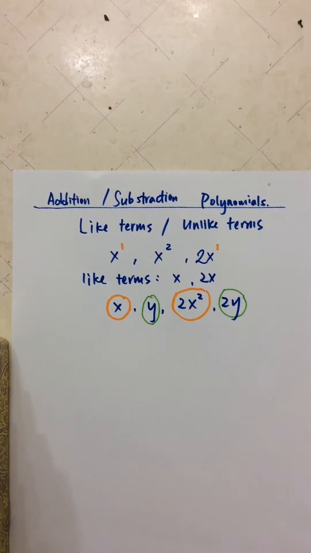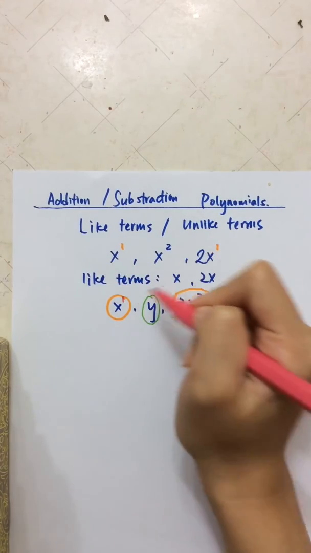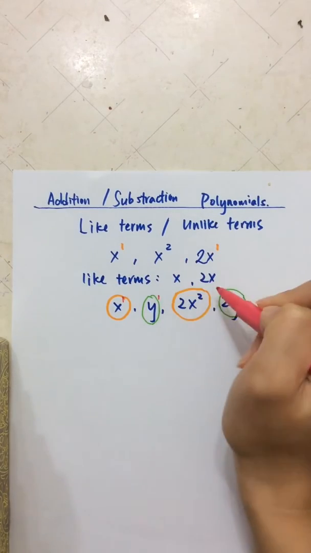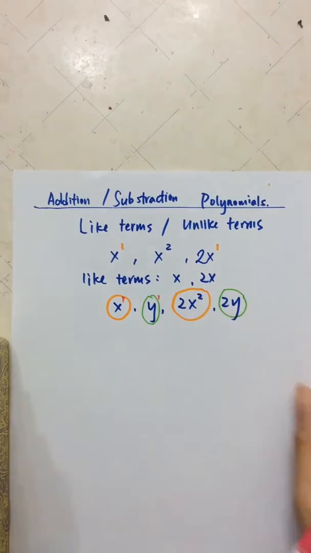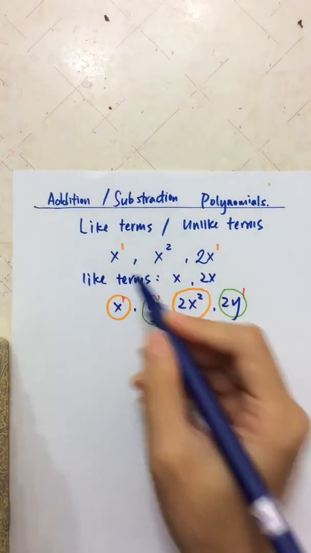So for the next step, we need to think about the index again, okay? What is the index of this one? Should be 1. And this one is also 1. And this one should be 2. And this one should be 1. So which ones are the like terms?